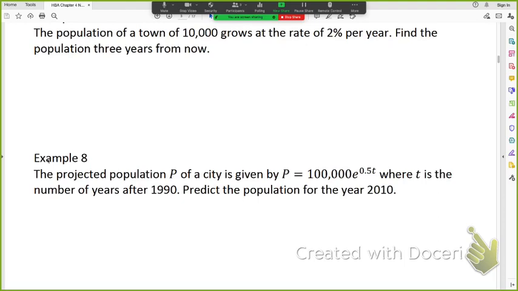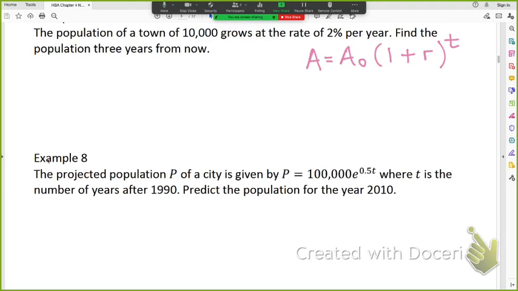A more generic form of the exponential growth formula is this. We did this one last year, so how much do you remember?